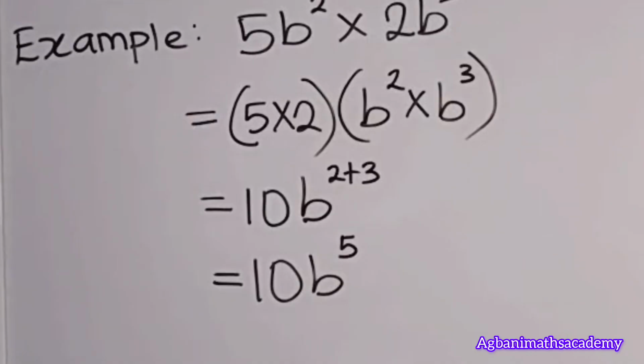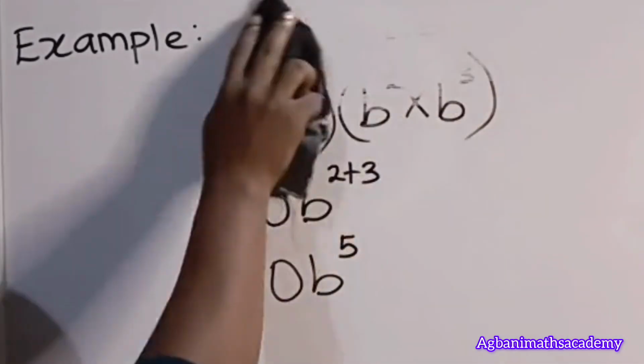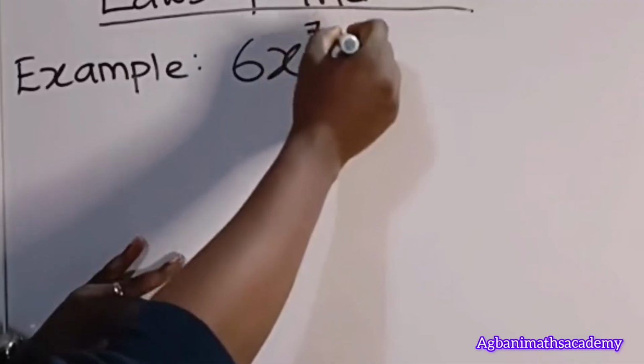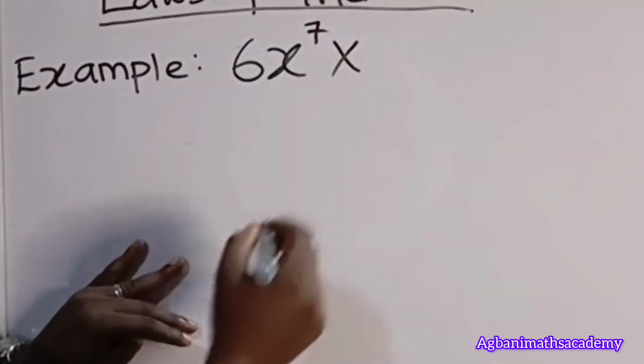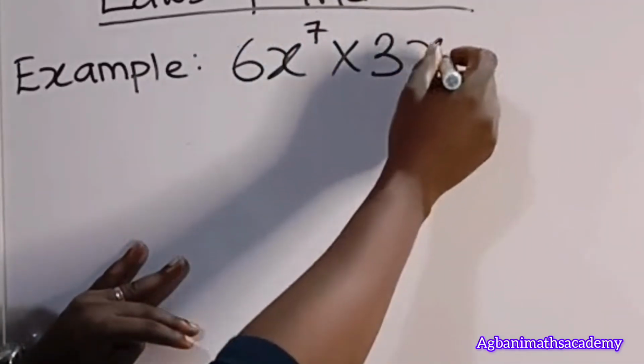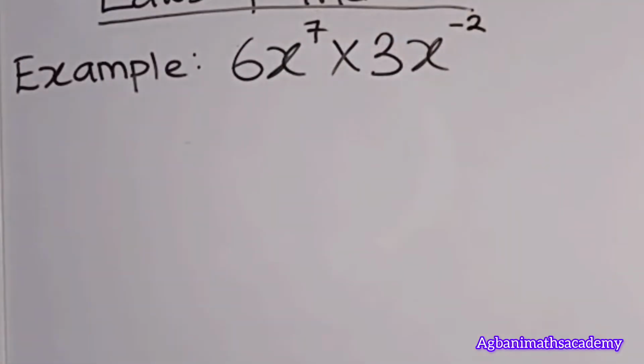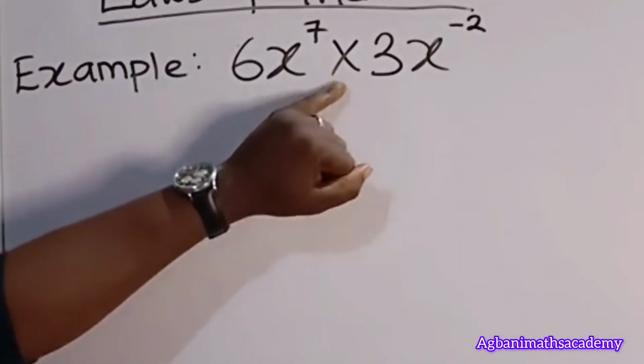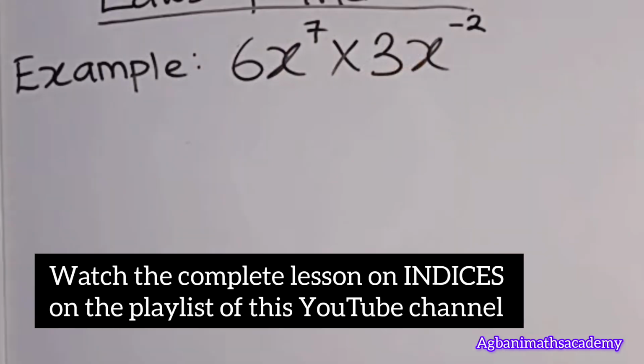Let's solve one more question. So we have 6x to the power of 7 multiplied by 3x to the power of minus 2.